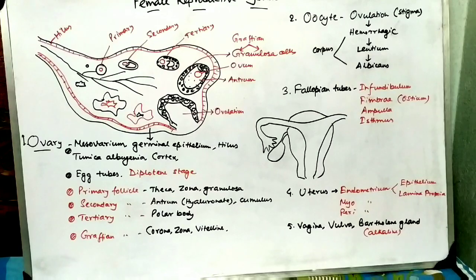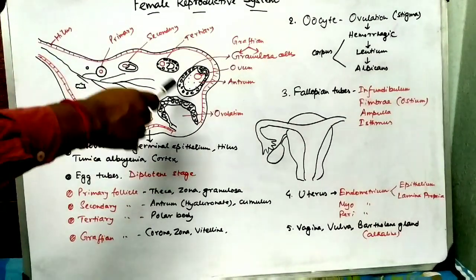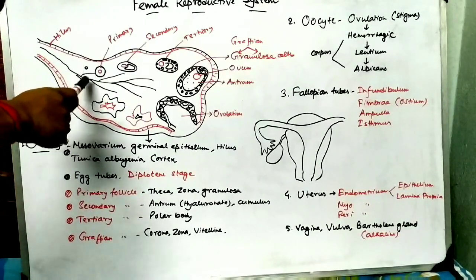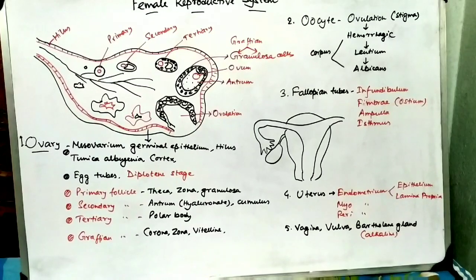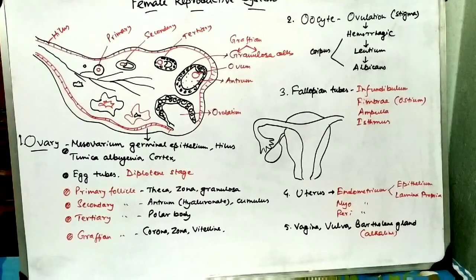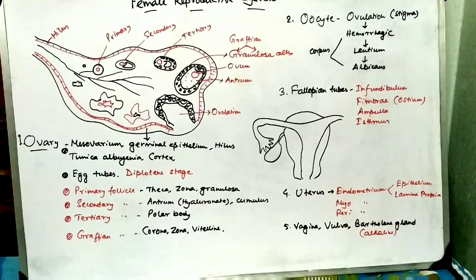Now let us see what is happening inside the ovary. Inside the ovary a huge amount of reproductive cells are at first produced in the body, but follicular atresia, or the degeneration of the follicles, occurs also. About 2 million primordial follicles are first produced inside the ovary.